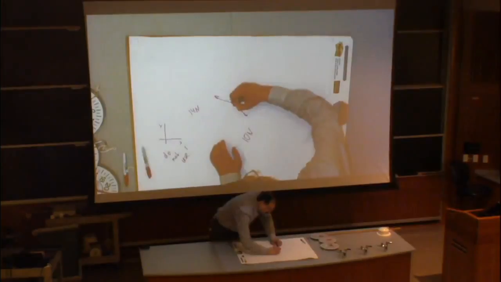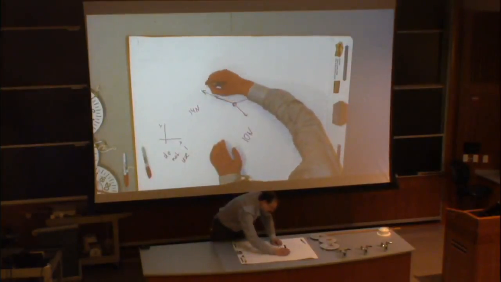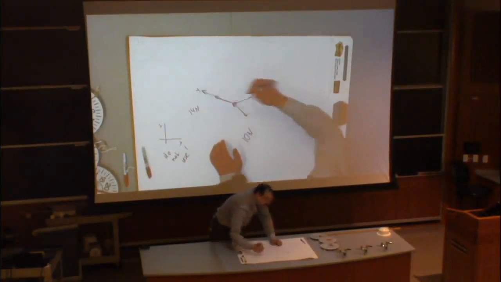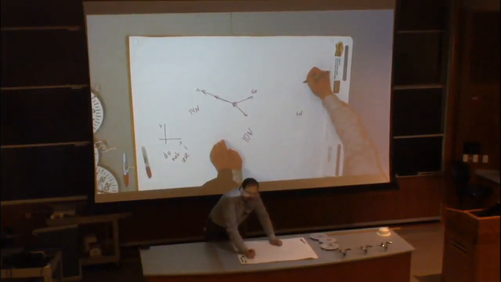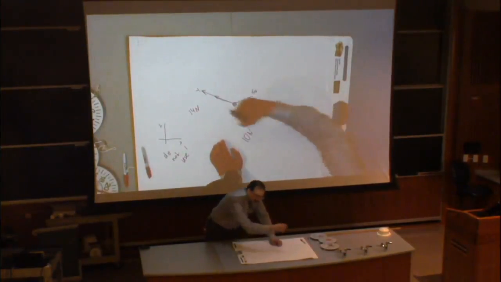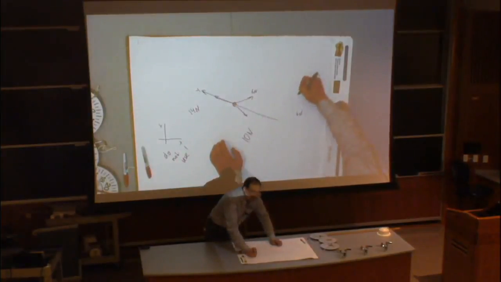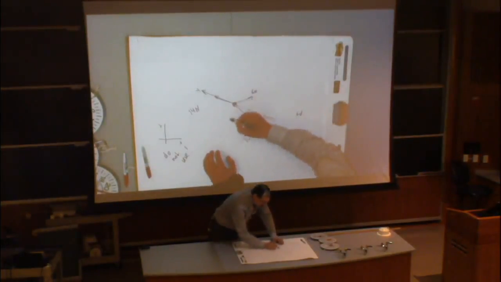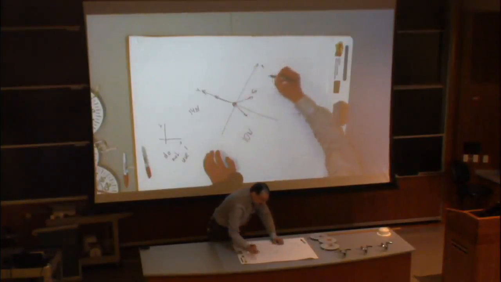I can select this direction and call it, I don't know, y. As we know, the axis is a ruler, has no end, so it goes both ways. And now automatically the direction of the second axis is fixed because it has to be perpendicular to the first. So I just have to draw a perpendicular, call it x.